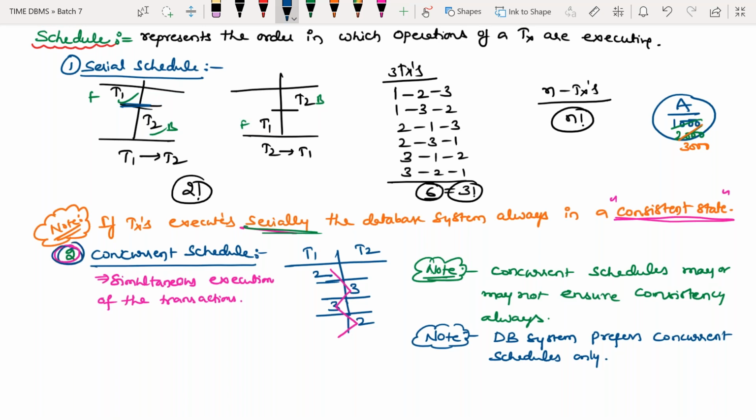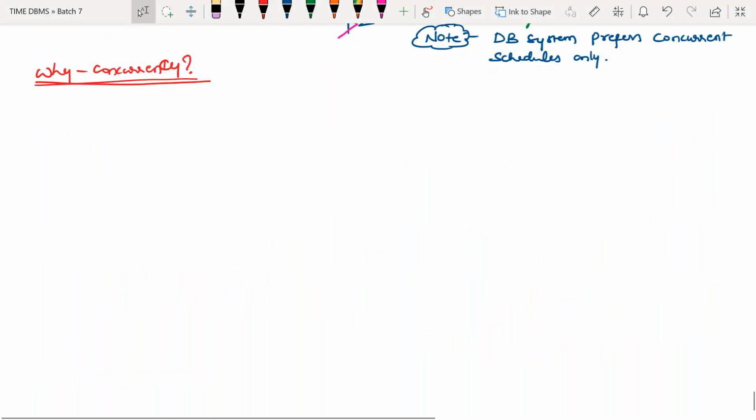Now you may ask me a question, sir: serial schedules always ensure a consistent, correct state, but concurrent schedules may or may not ensure consistency. Still, why does the database system prefer concurrent schedules? Why is concurrency preferable? To explain this, I will take the help of two transactions as an example, my father's and my brother's.